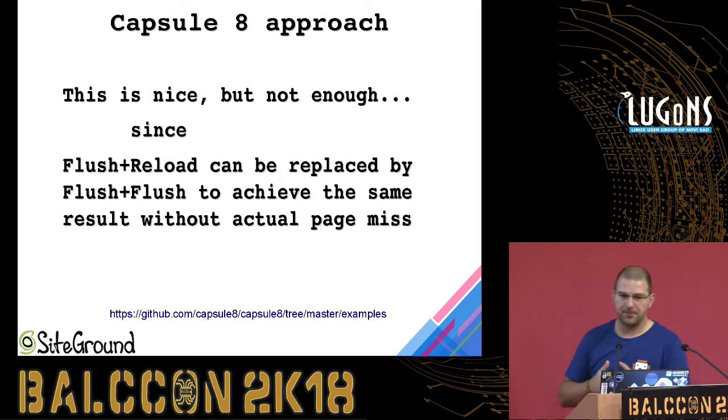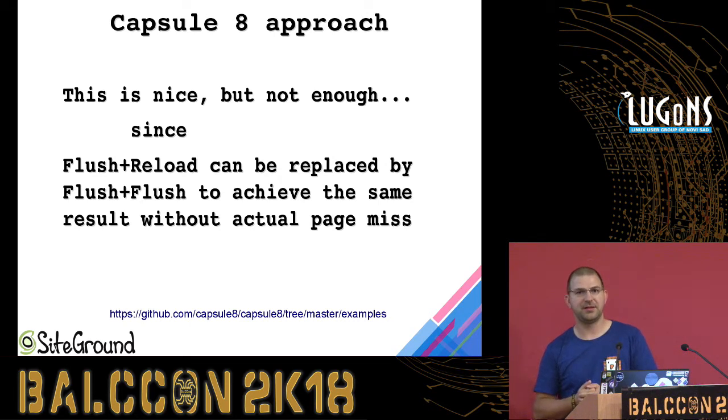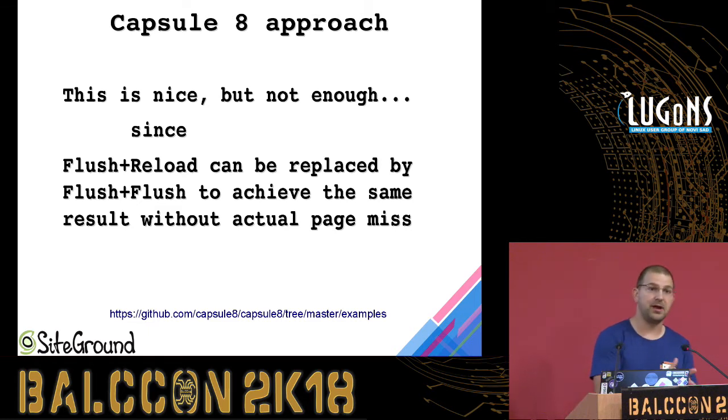The problem is that they're trying to check if there is a cache miss. This will be okay if everyone was using the proof of concept exploits with Meltdown that rely upon flush and reload. But as I showed in the beginning, you can simply replace flush and reload with flush, and you no longer get the page misses. And your detection is not working anymore.